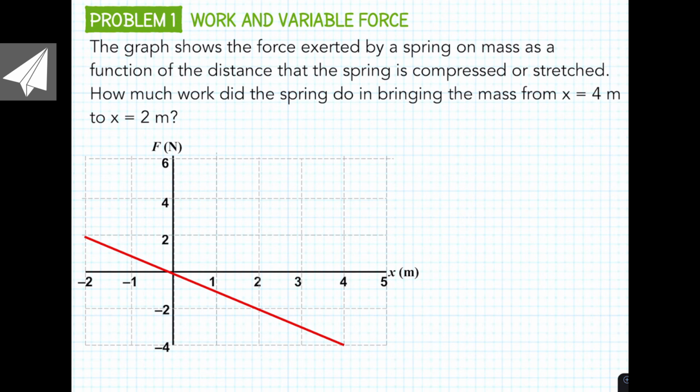Why negative? Because it's going in the positive x direction, so the force of the spring has to go back the other way. It's the same situation as the last time, right? The spring is doing the work. So it's already out and it has to go back. So it starts at 4 and goes to 2.